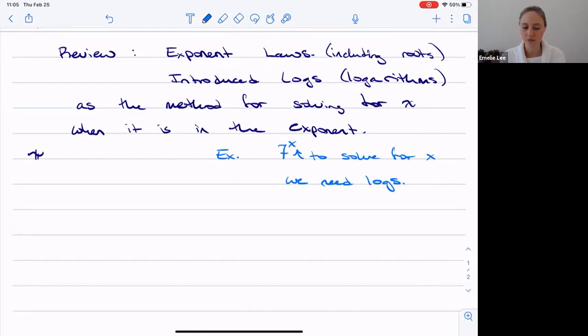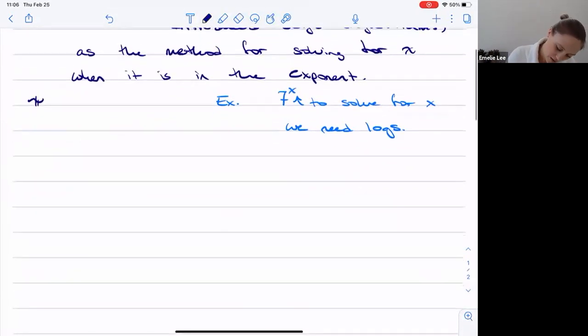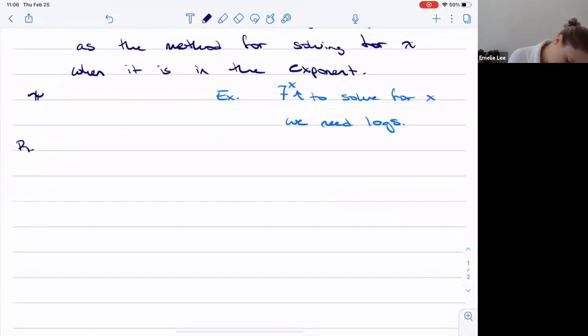All the logs behave the same, so all the log laws that we're going to develop here apply to all the bases, but we're just going to use the natural log.